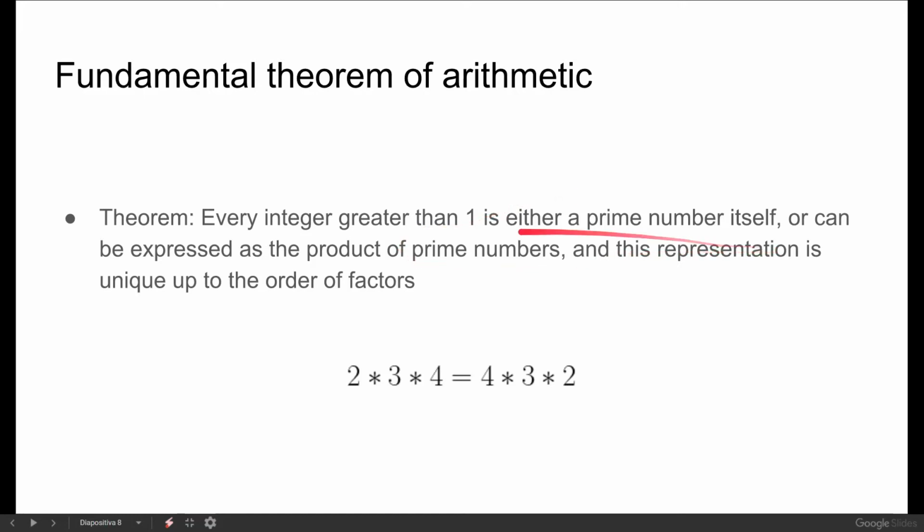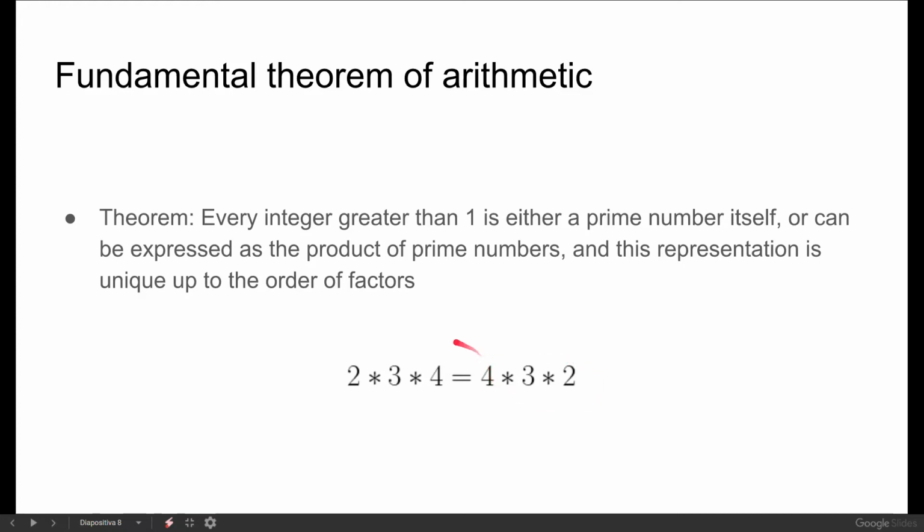When I say this representation is unique up to the order of factors, I mean, for example, 2 times 3 is 6, times 4 is 24. So I'm saying this is the representation in prime numbers of 24. And this is also a representation for 24 in prime numbers.